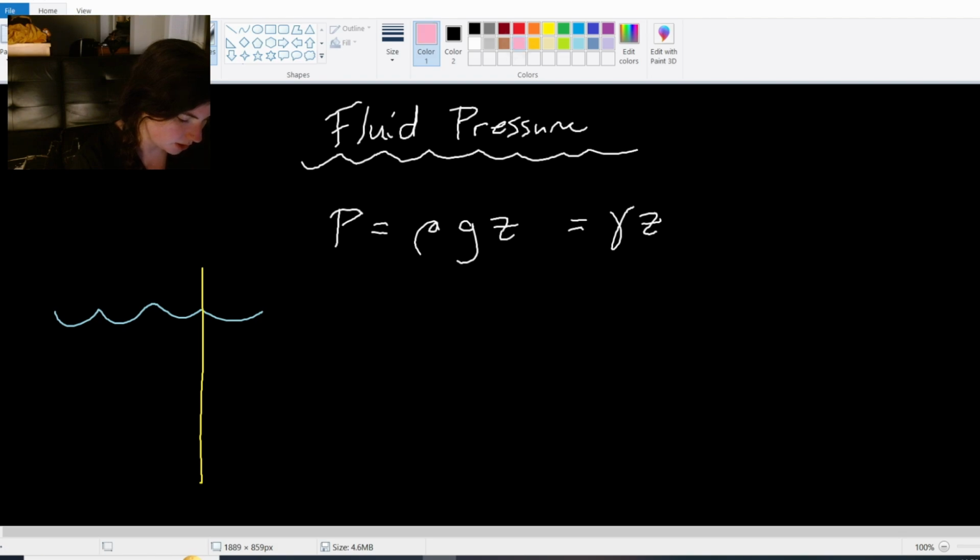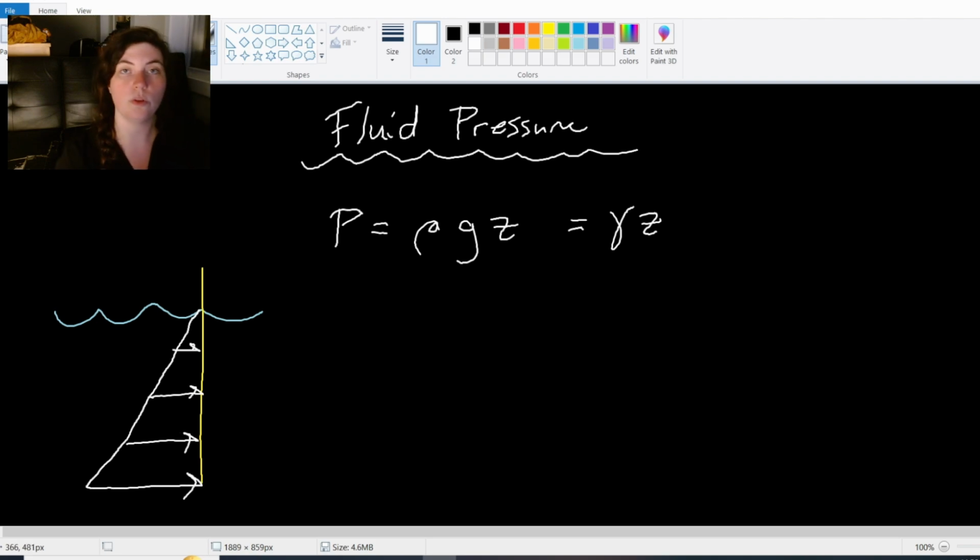The pressure acts like a triangular distributed load on the side of that boat, where the pressure gets greater and greater the deeper you go. So I want to introduce how we find the pressure on the side of our boat.